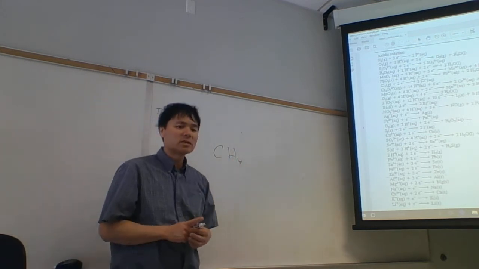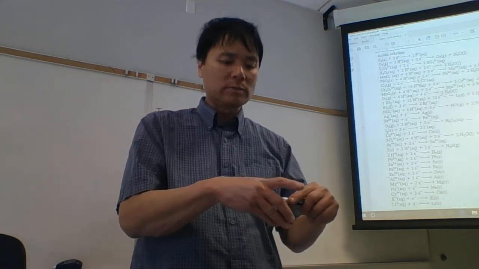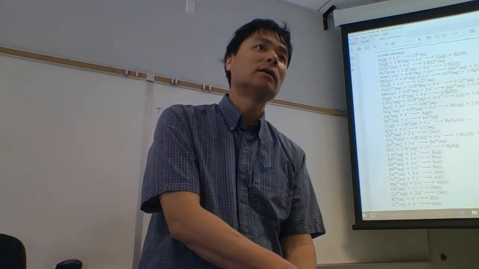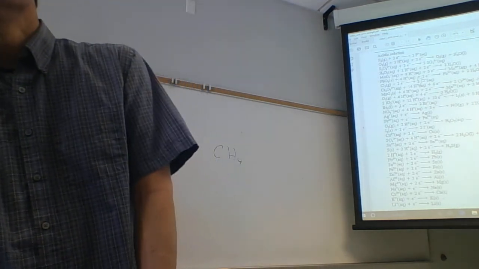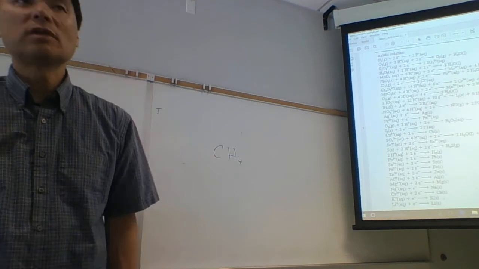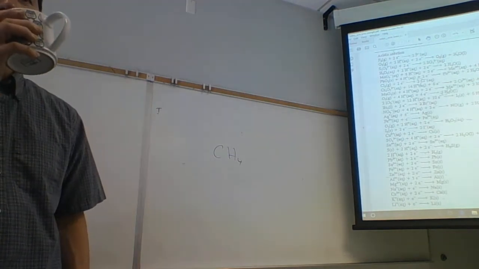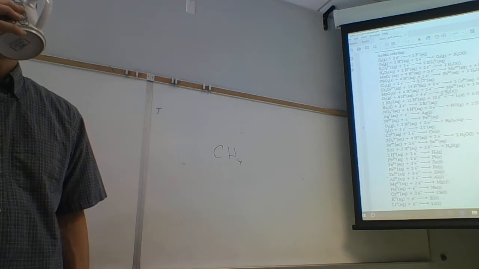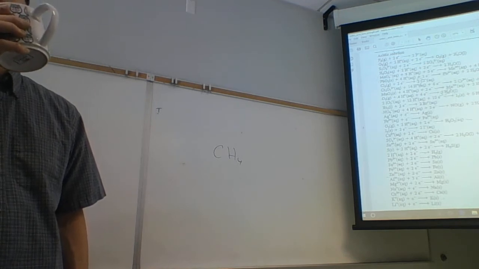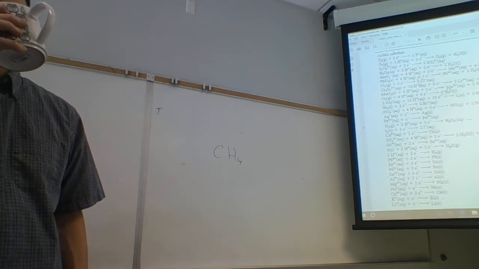But the only way we can tell if it's electron rich or electron poor is by figuring out the oxidation state or oxidation number.